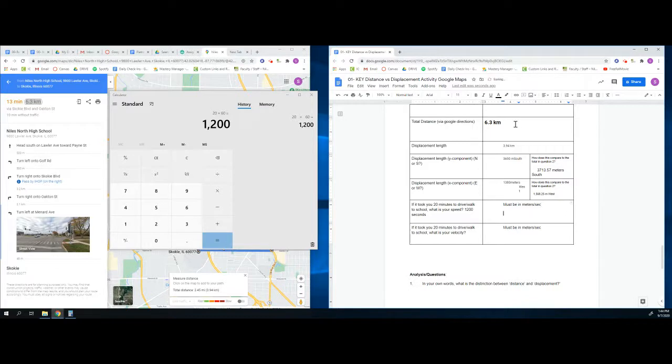My distance was this value right here. I'm just going to convert that in my head to meters, so that's 6,300 meters over 1200 seconds. So 6,300 divided by 1200, 5.25 meters per second.